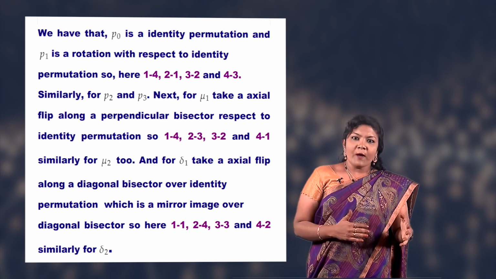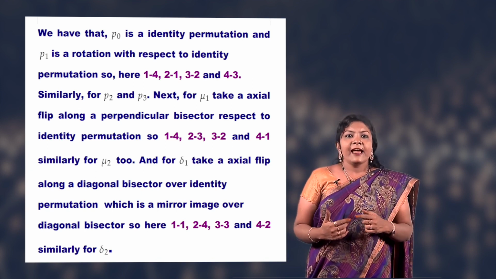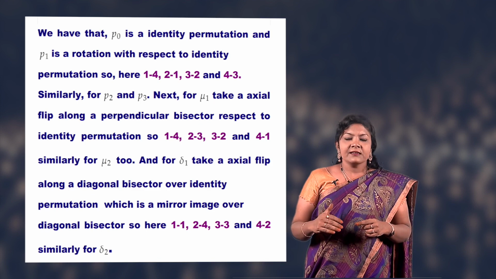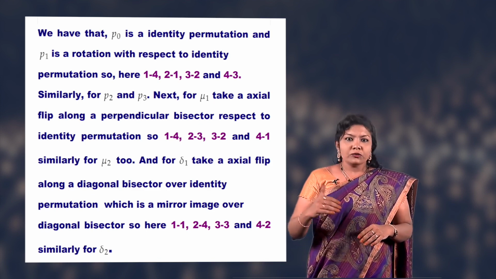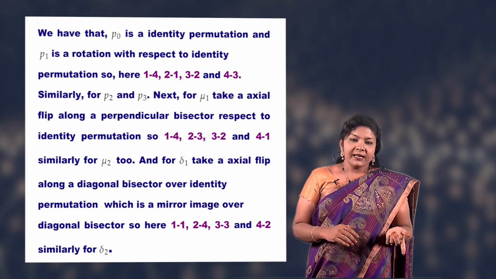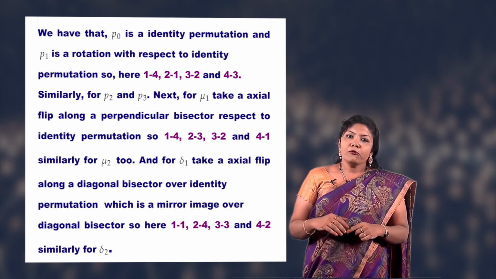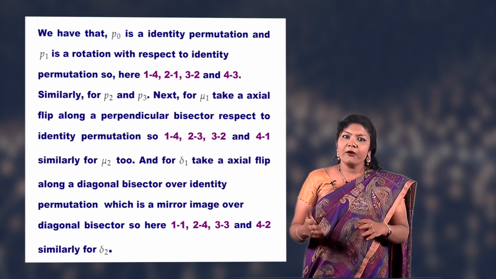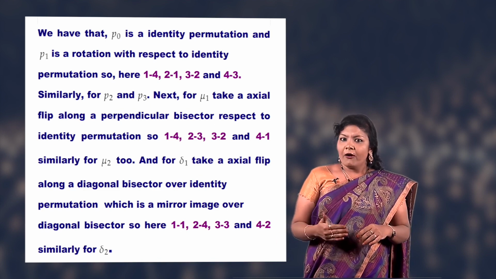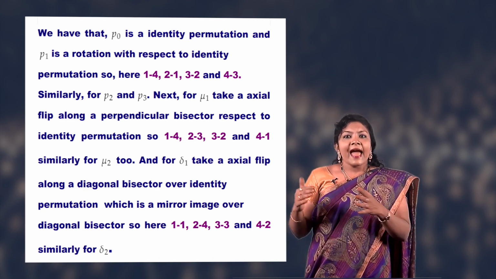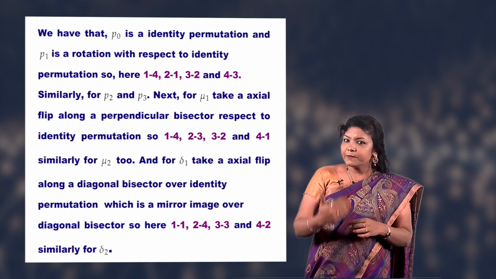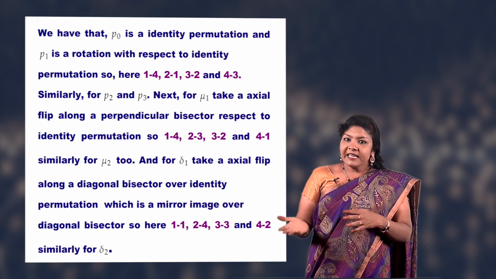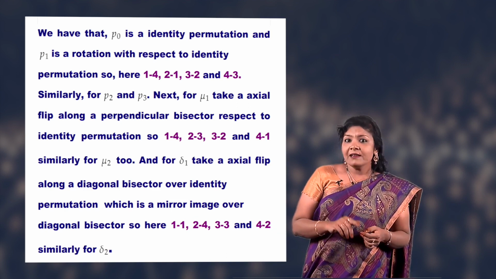Next, for mu1, take an axial flip along a perpendicular bisector with respect to identity permutation. So, 1 goes to 4, 2 goes to 3, 3 goes to 2 and 4 goes to 1. Similarly, for mu2 too. And for delta 1, take an axial flip along a diagonal bisector over identity permutation, which is a mirror image over diagonal bisector.